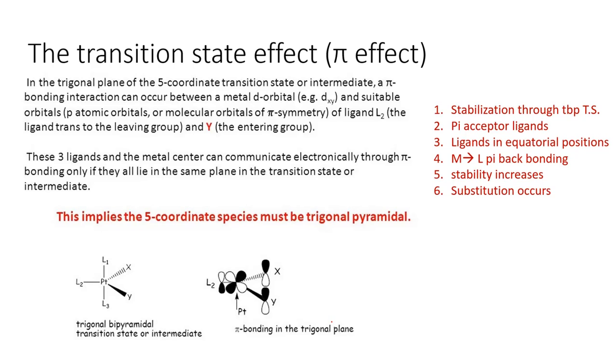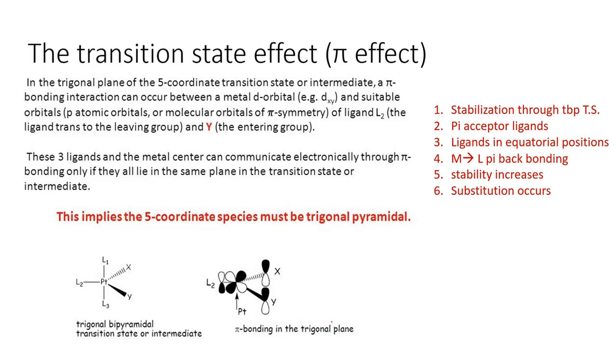Here we are considering that whenever the substitution reaction is occurring, it goes through a transition state, and the transition state is a five-coordinate transition state, or you can say an intermediate also. Now in this case, first of all, the transition state is being stabilized, that is, a TBP, trigonal bipyramidal transition state, is being stabilized. But how is it being stabilized?